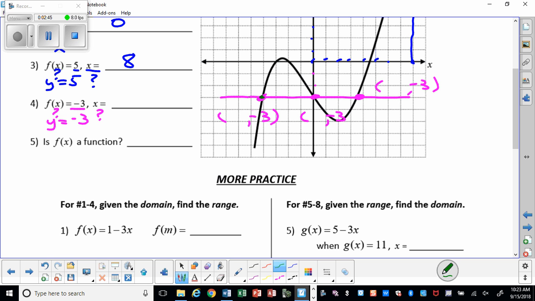So let's see. To get to this guy, I go on the x. This is my x-axis. So I go 1, 2, 3, 4. I go negative 4. All right. So x can be negative 4. X can be 0. Right.